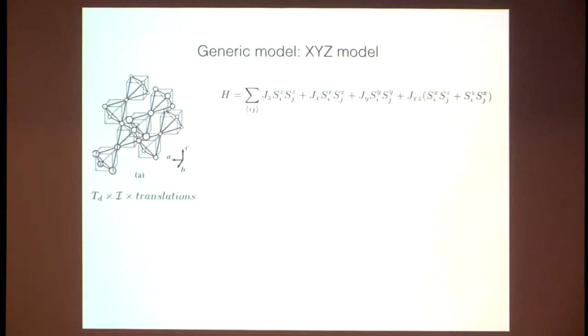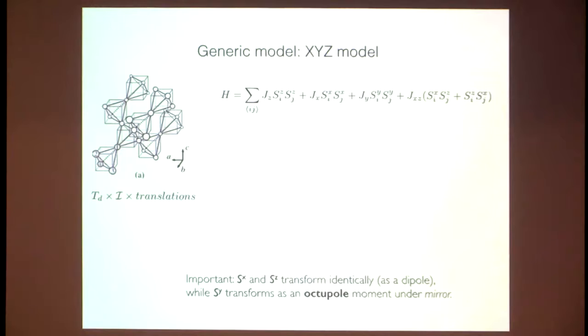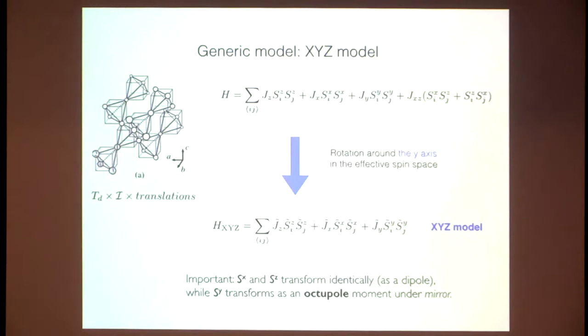Because of this uniformity in the position space, you can do a rotation around the y-axis in the effective spin space to eliminate this Gaussian term. The model becomes remarkably simple. It's an XYZ model.